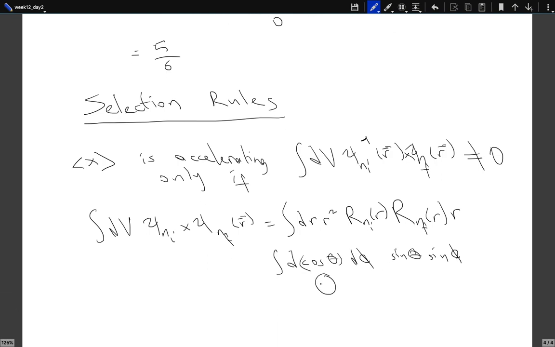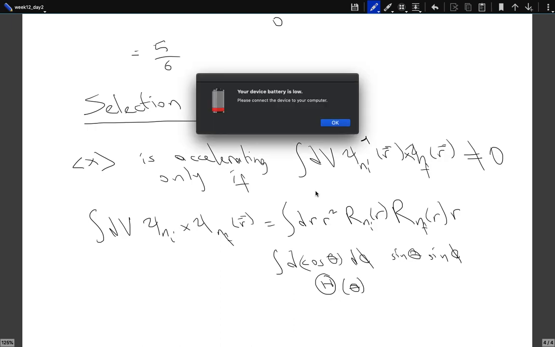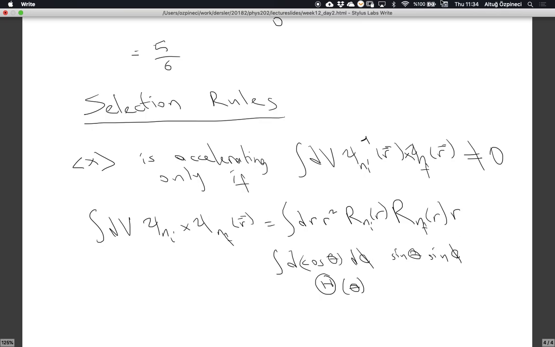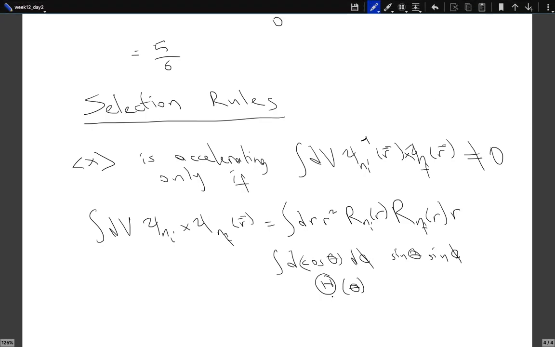And then we have the theta wave function. This depends on L and M, Ni, Li. Then we have the phi wave function. This doesn't depend on N. It depends on Li and Mi. The phi wave function depends only on the M. Then we have the same for the final state.